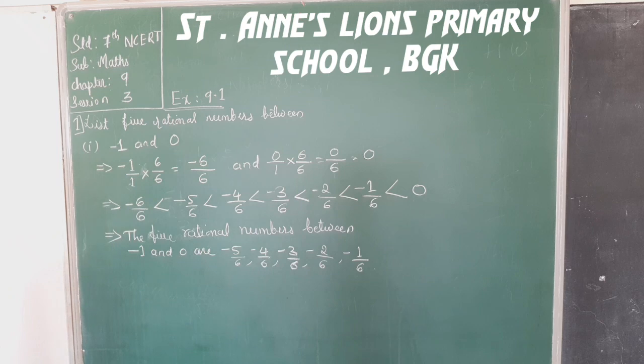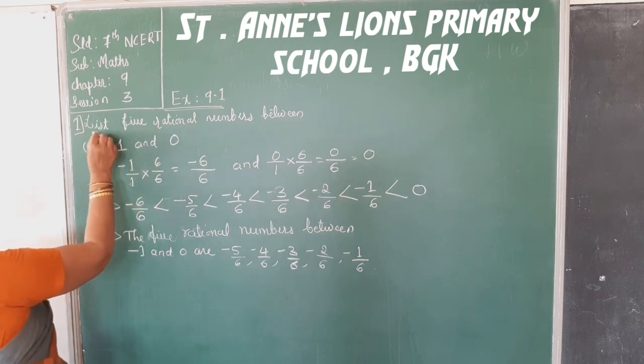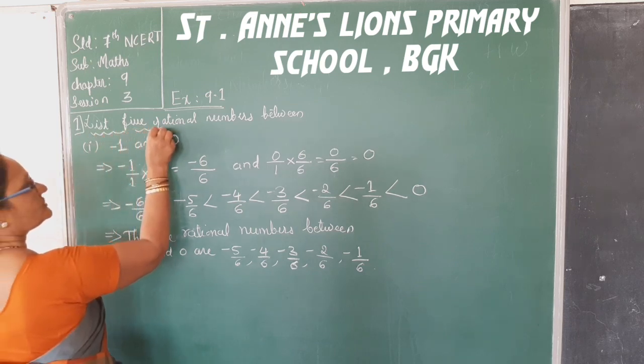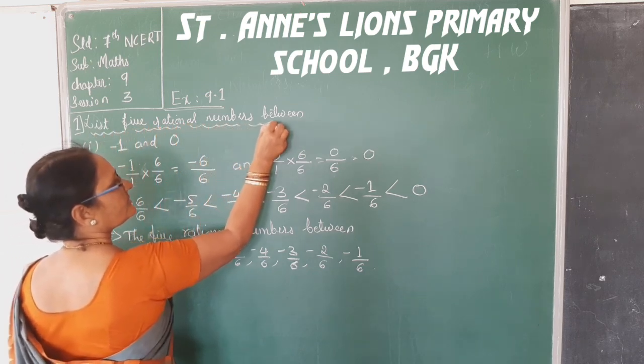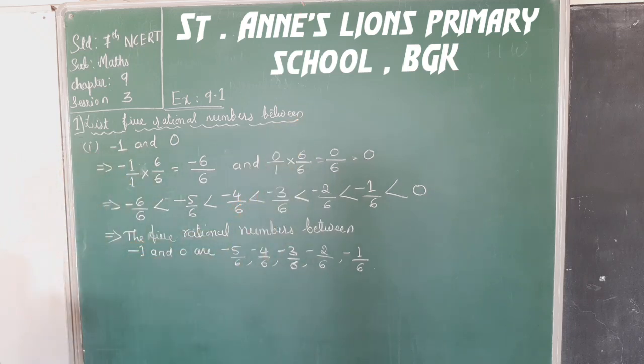So this is the method of finding the rational numbers between minus 1 and 0. I hope you understood. This is the heading, so I am just highlighting it.